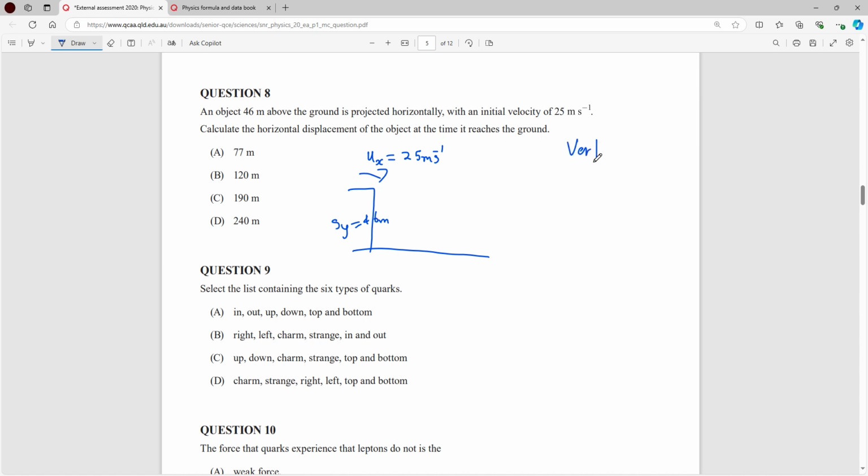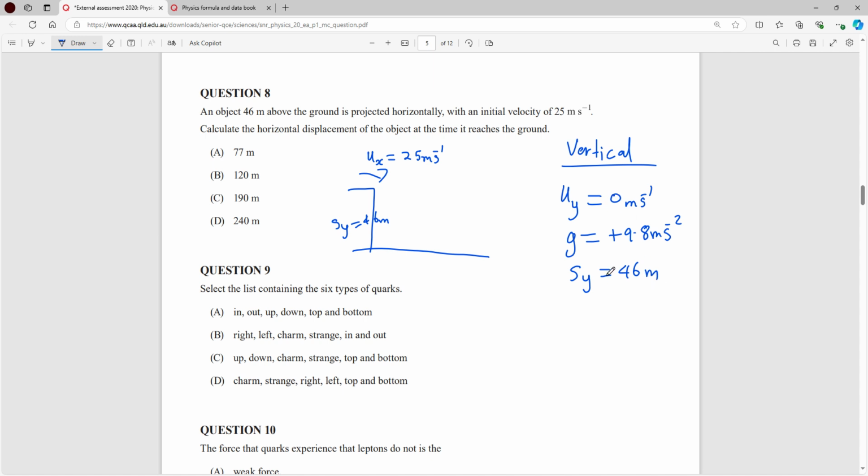So vertical motion, the initial velocity is 0 because it's getting projected horizontally, so it's going to immediately drop. So u of y would be 0 meters per second. Now, gravity is acting. It's going to go downwards. So here we can just say gravity is positive, okay? Because it's going in the same direction as gravity. So it's 9.8 meters per second squared. And s y is 46 meters, okay?